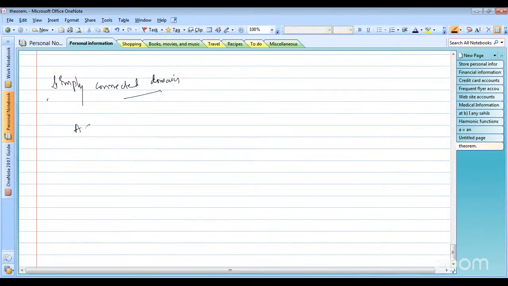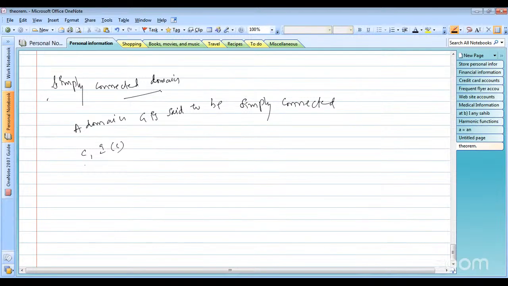A domain G is said to be simply connected if G contains the interior of every closed Jordan curve, that is, every simple closed curve, lying in it.